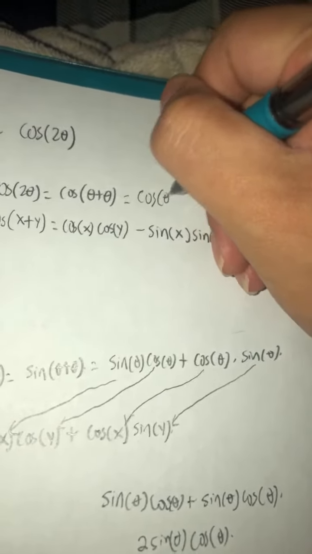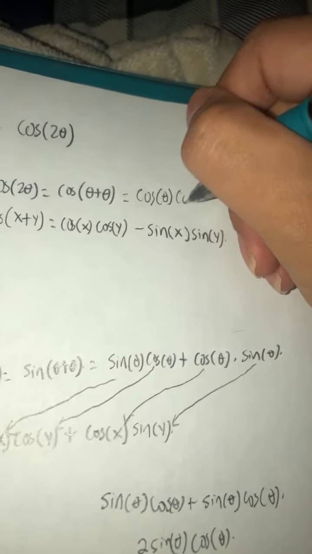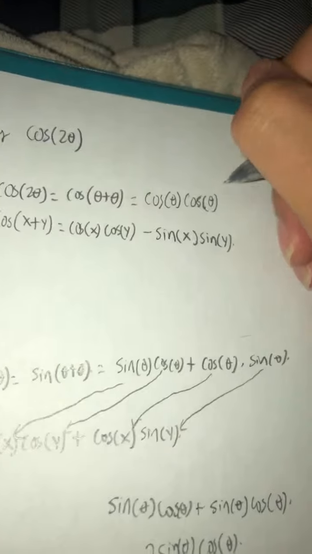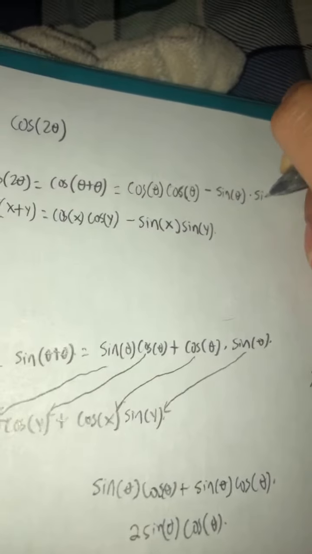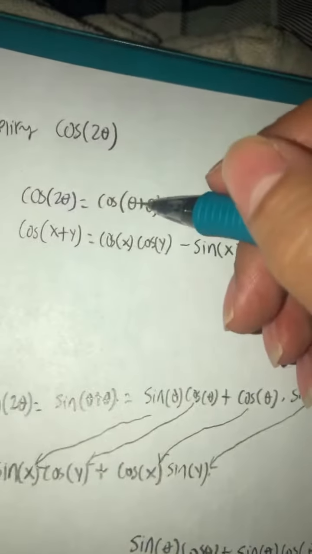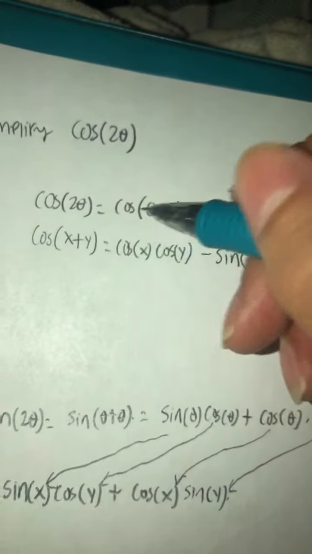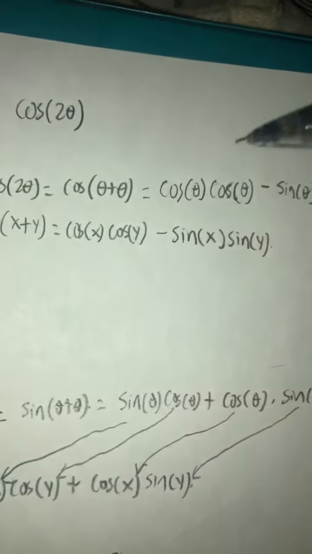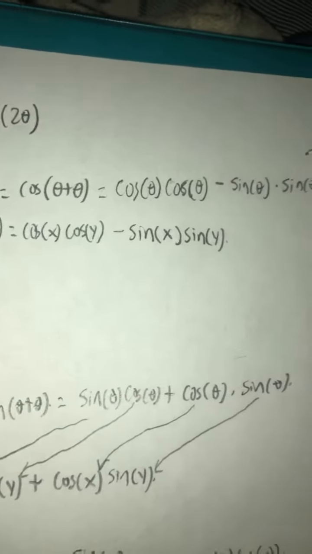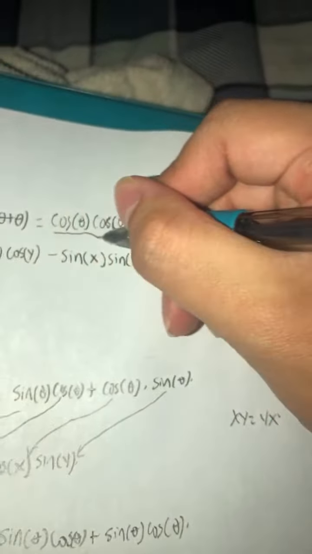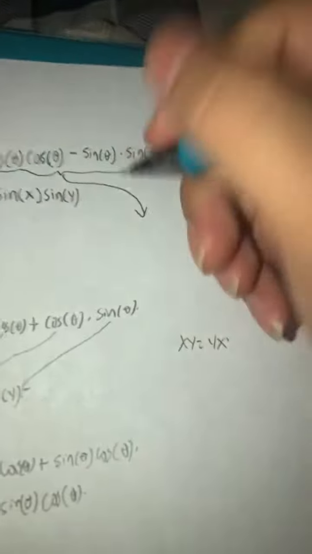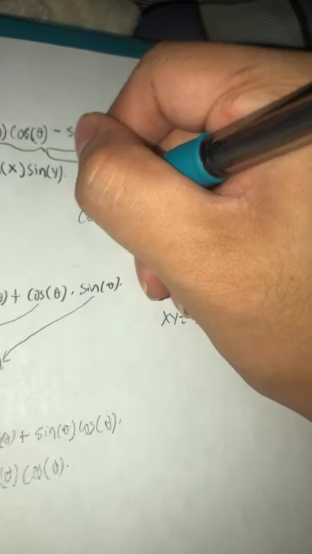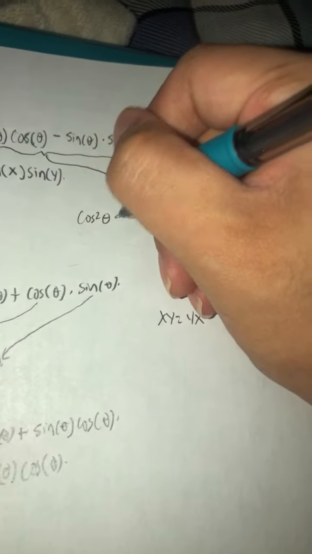You're going to say cosine of theta cosine of theta minus sine of theta times sine of theta, because theta is x and theta is y. So this simplifies as cosine squared theta minus sine squared theta.